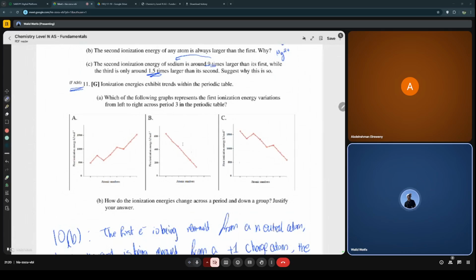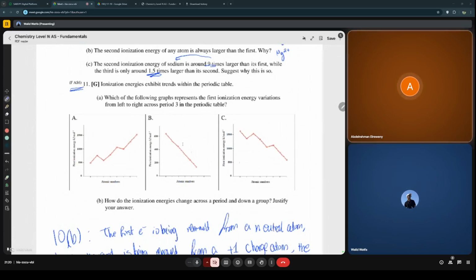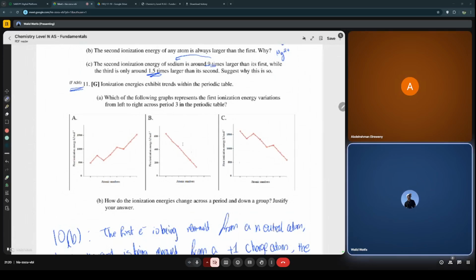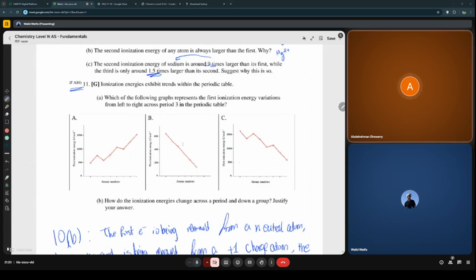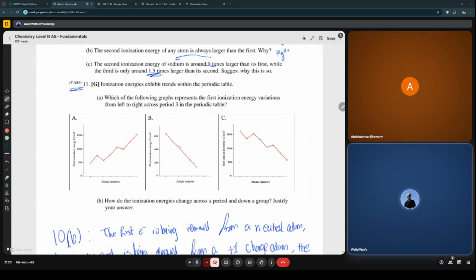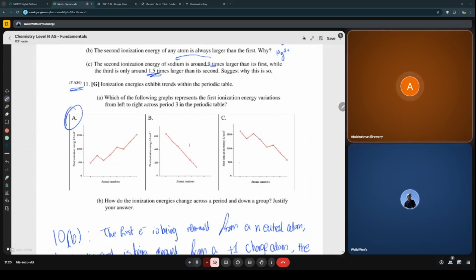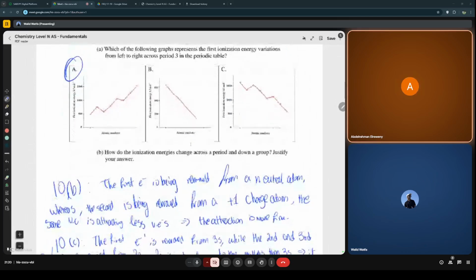It increases. So it should look like this, but we have a few exceptions. At which groups do we have the exceptions? Groups 2, 3, and 5, 6. Perfect. So which one is it?